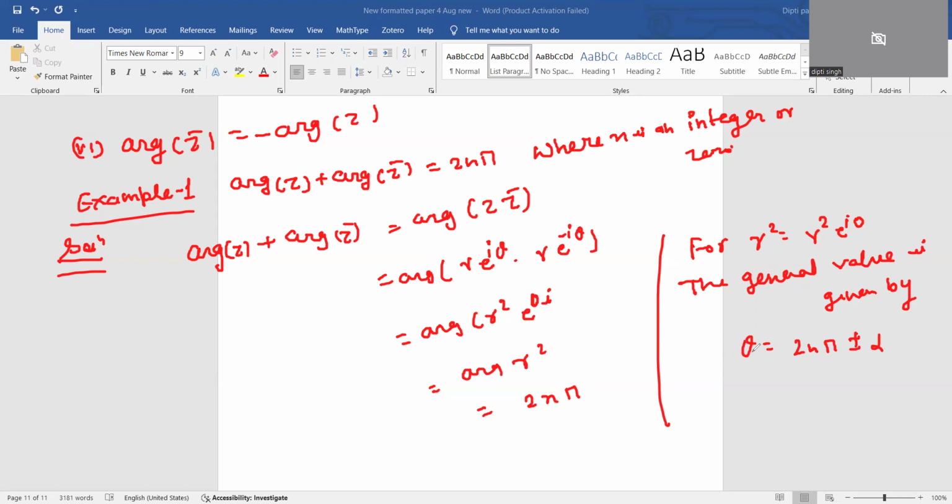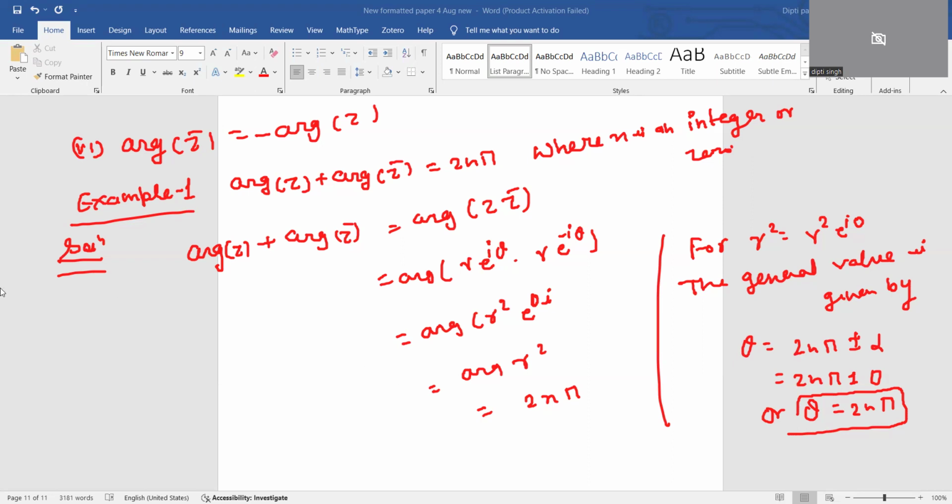This is equal to n pi plus minus 0, or theta equals 2n pi. So this is the answer.